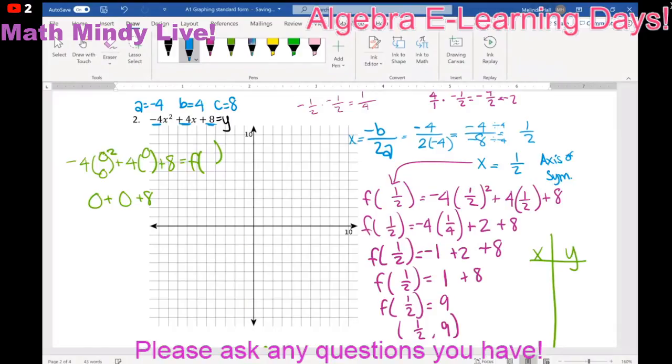Okay. So the axis of symmetry is at +1/2, and the vertex is at +9. So when we ignore our other x's, we can tell that our y-intercept is supposed to be at +8, which makes sense on why I was getting 8 when I plugged in 0.